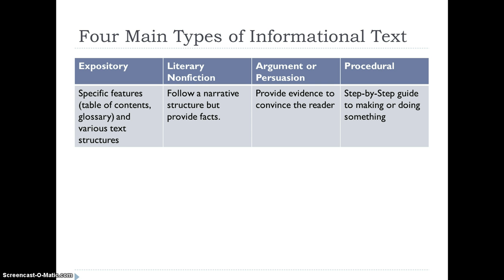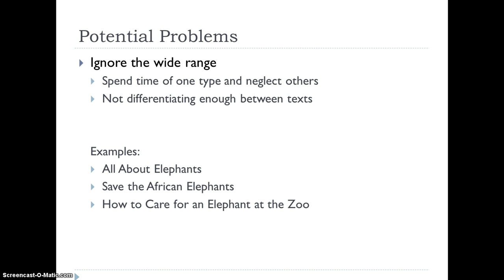If I read an expository text, I can look at the table of contents, and if I'm only interested in what elephants eat, I can go straight to page 6 and find that information. Whereas if I'm reading a procedural text, if I start on page 6, I am not going to make what I needed to make in that text. I'm going to be very, very lost. So each one of these types of informational texts have very different purposes and structures within them.